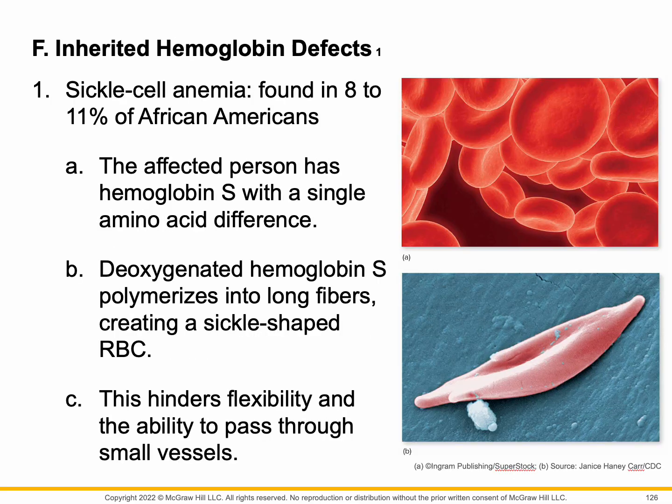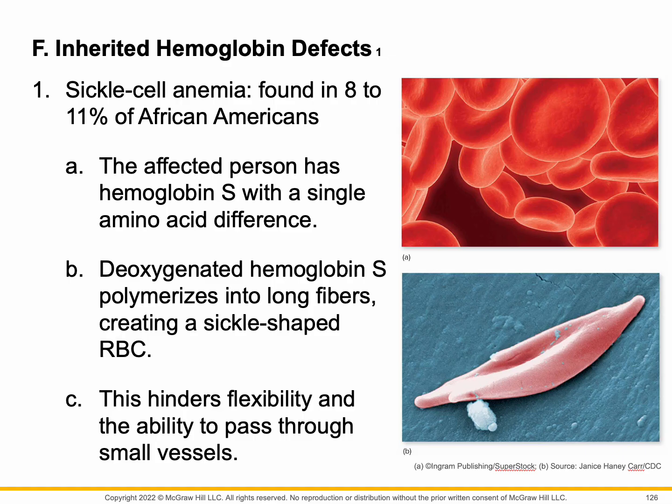So sickle cell anemia is an inherited hemoglobin defect disorder found in 8 to 11% of African Americans. The affected person has hemoglobin S with a single amino acid difference. Deoxygenated hemoglobin S polymerizes into long fibers, and this creates a sickle-shaped red blood cell.